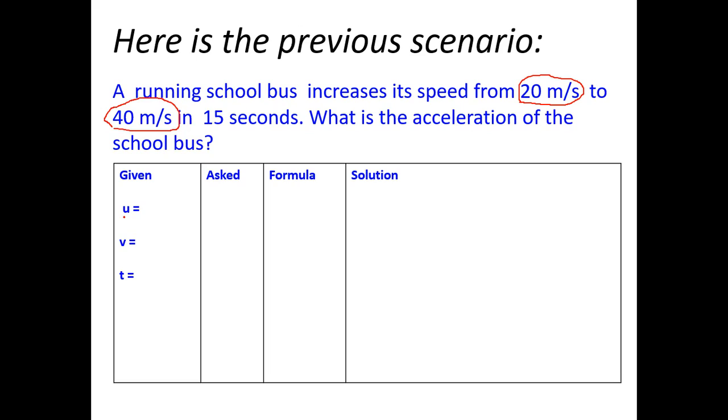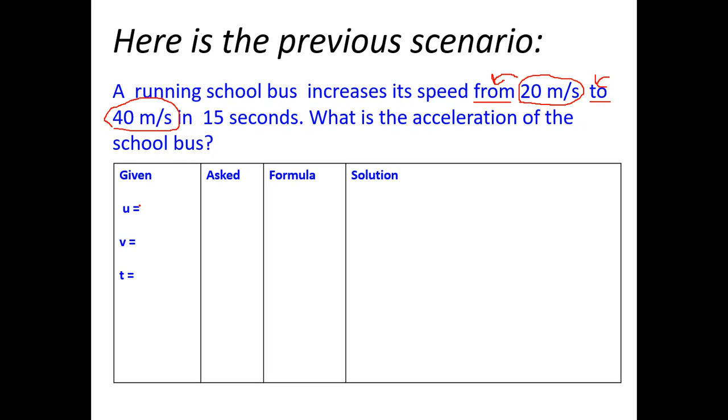Remember, u is the beginning velocity. So which one of these two numbers is the beginning velocity? You have to take note of the words from and to. The word from indicates beginning, and the word to indicates ending.